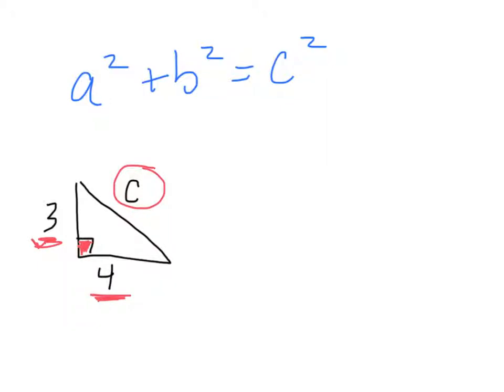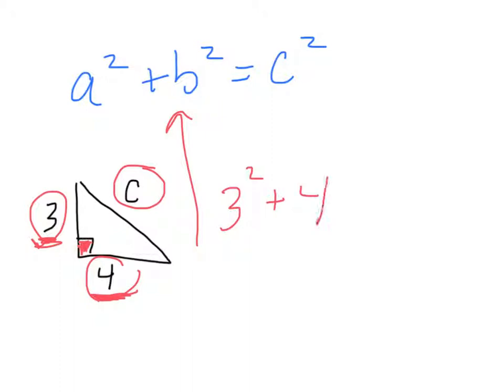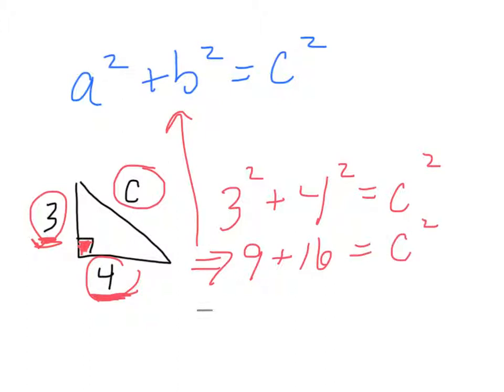So what we do here is we take these values and we plug them in to this equation. In order to find c, we say 3 squared plus we take the length of b here and square that, 4 squared, equals c squared. So this becomes 9 plus 16 equals c, and don't forget it's still squared there.